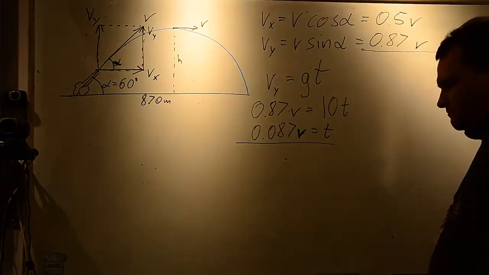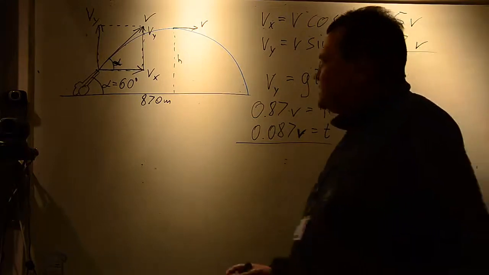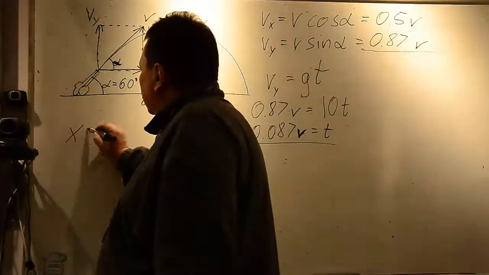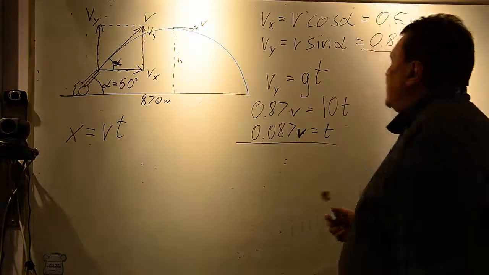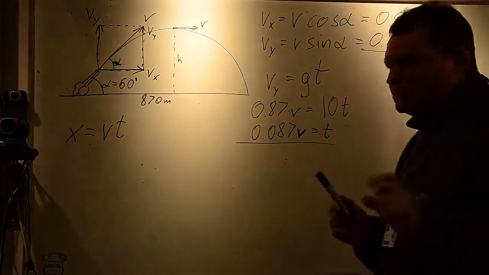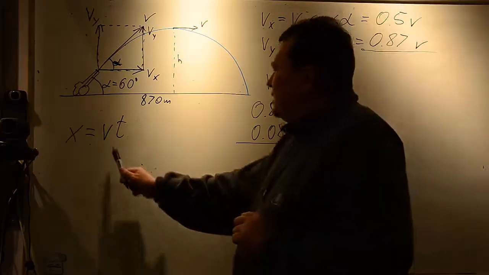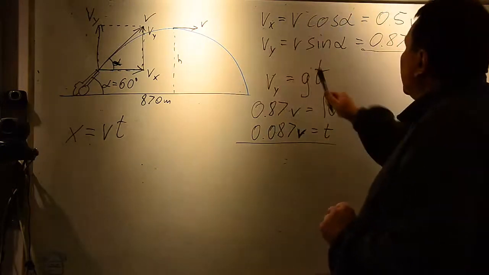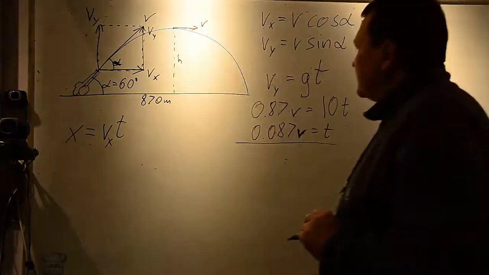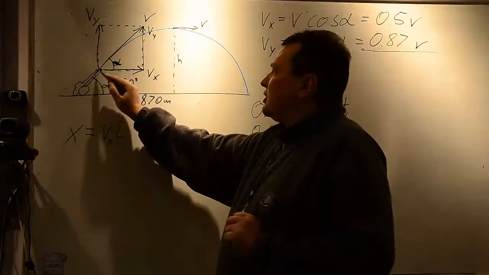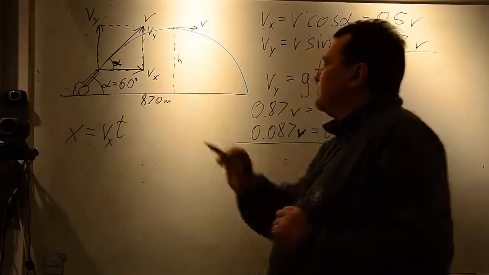And this distance, x, equals vt, velocity times time. There are two important things. First of all, velocity, it's x velocity, it's the horizontal velocity component, so that's this one.